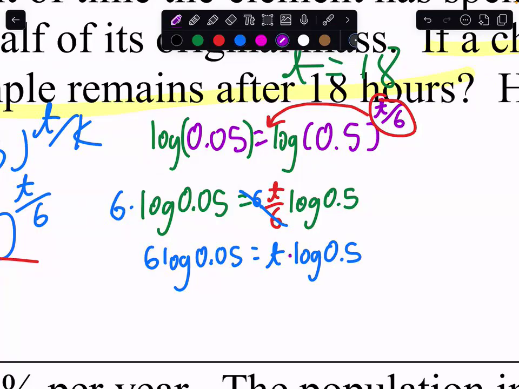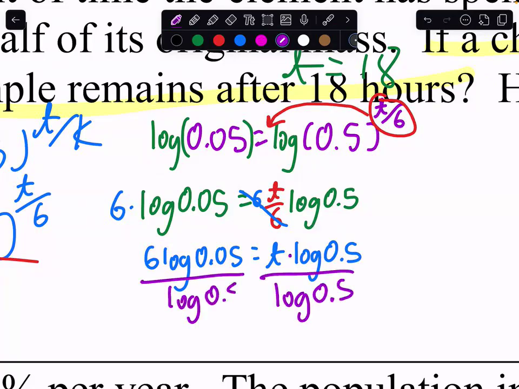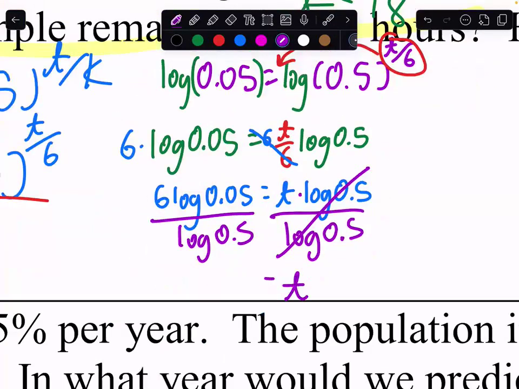So log 0.5 is just a number. You can divide it away. So divide both sides by log 0.5. Okay, and that gets the t by itself. Okay, so 6 log 0.05 over log 0.5.